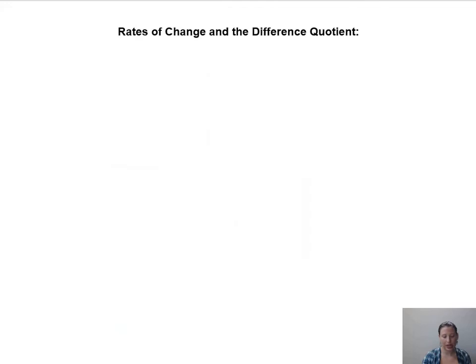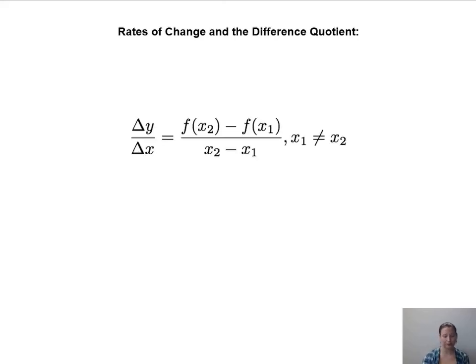Okay, so the next thing we talk about is the rate of change and the difference quotient. A rate of change is really just slope, right? It's another word for slope. It's generally what we use sometimes in word problems, or going further into calculus, we use rate of change when we talk about calculus as well.